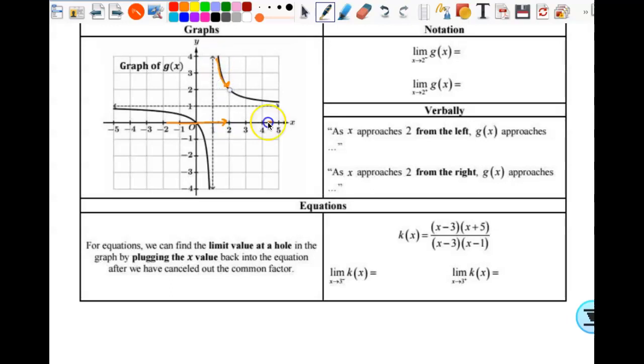As x approaches 2 from the right, what is y approaching? 2. Okay? And it just happens to be the same number, which kind of bothers me. I wish that I had changed the number. But either way, as x is approaching 2 from the left, y is approaching 2. As x approaches 2 from the right, y is approaching 2.